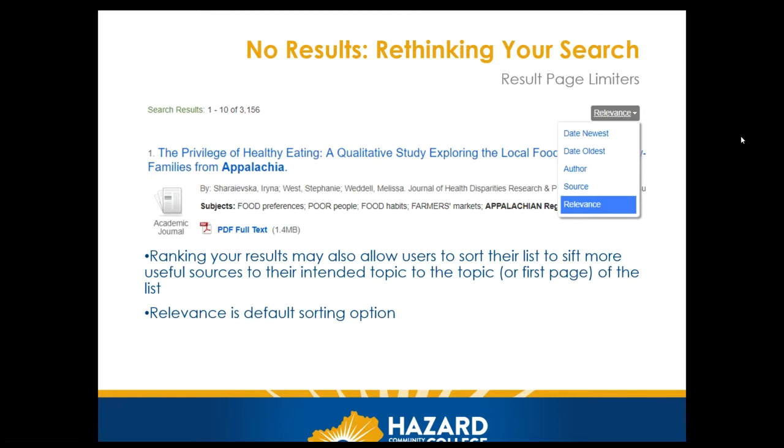I think newest to oldest is obviously the most common. You can try to rank those by author or by source, and I do believe that's alphabetized. This might be a way to kind of reshuffle the deck, so to speak. So maybe something that wasn't rising to the top relevance-wise is going to be more suited to what you're searching for, especially when you throw in those date parameters.